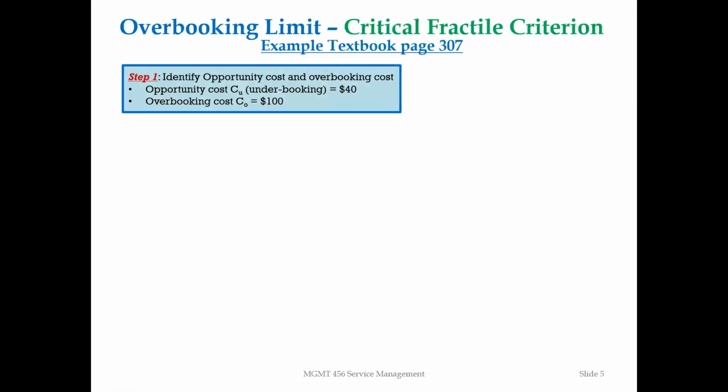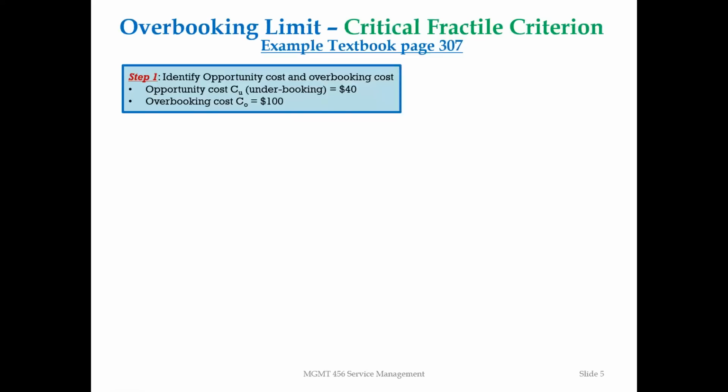There are 3 different steps. Step 1 is to identify the opportunity cost and the overbooking cost. For this particular example, it's pretty simple because it's already given. For the opportunity cost, we use the notation CU. U also represents underbooking. CU for this example is $40. If you underbook, in other words, you do not book enough, you will have empty rooms.